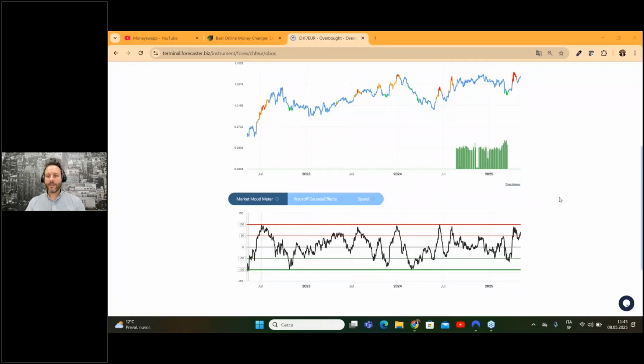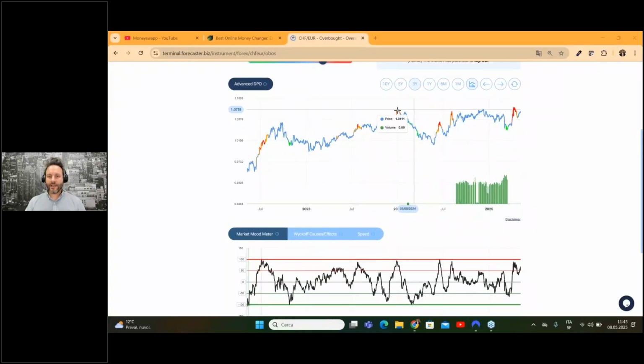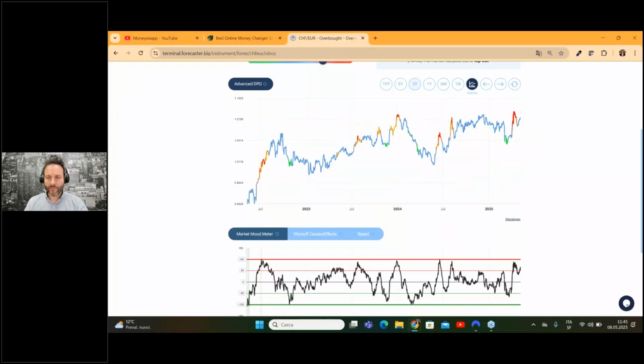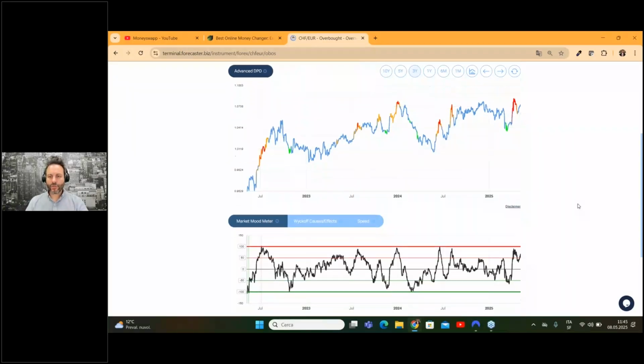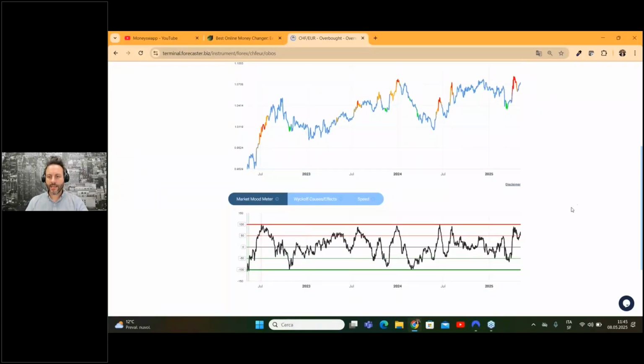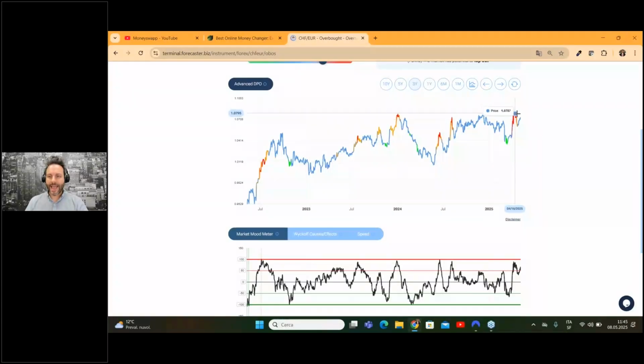It means that we just visited a very top, and we are in the middle of this trend. So what we can say is that we just had a very important high, and this means that probably we are not going to see a new all-time high for a while.